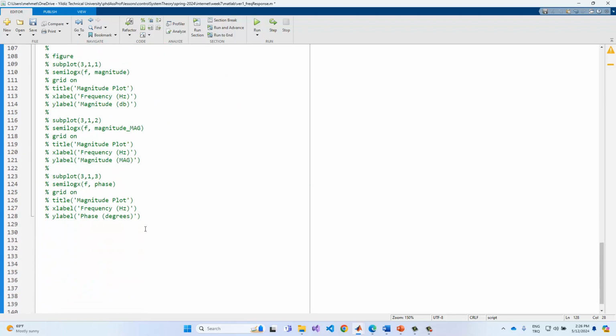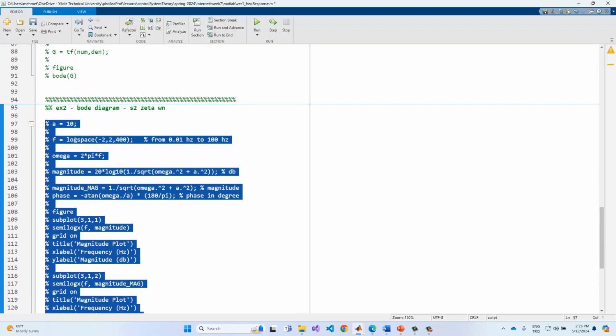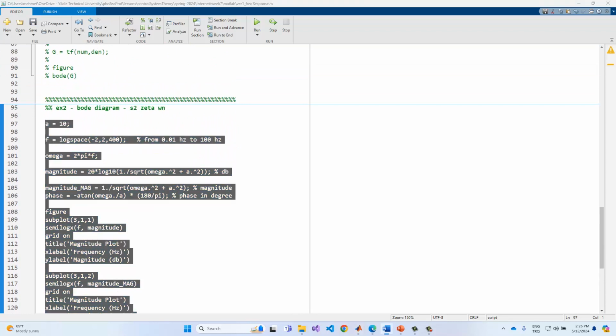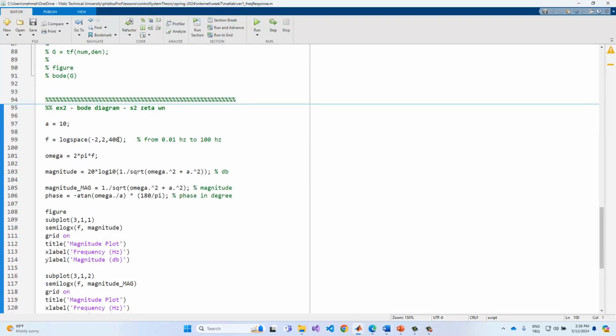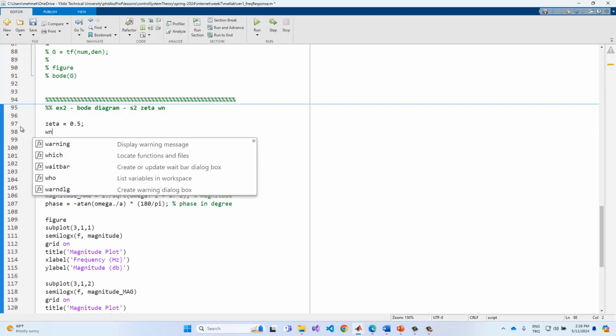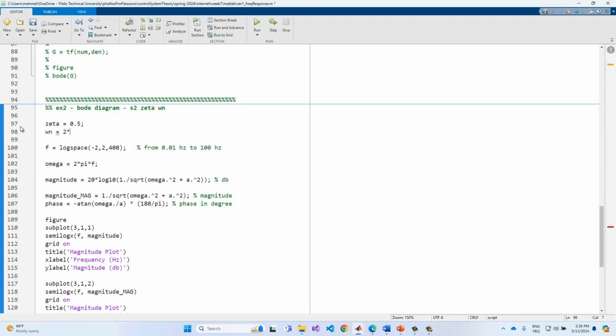And so we can uncomment, and we should create the zeta value in here, for example 0.5, and ωn can be considered as 2π·10, which means this is the natural frequency in radians per second, so this is the 10 value in here.